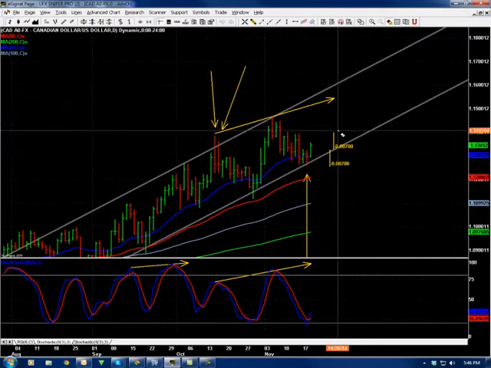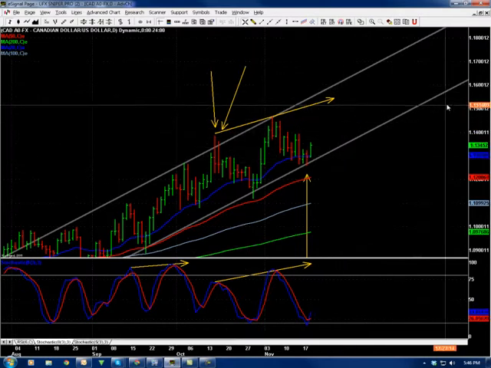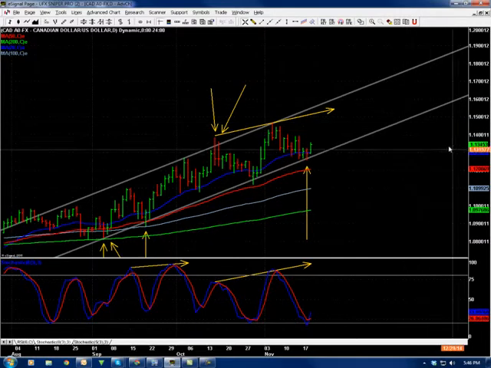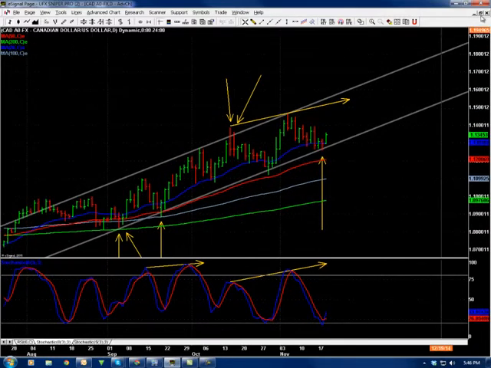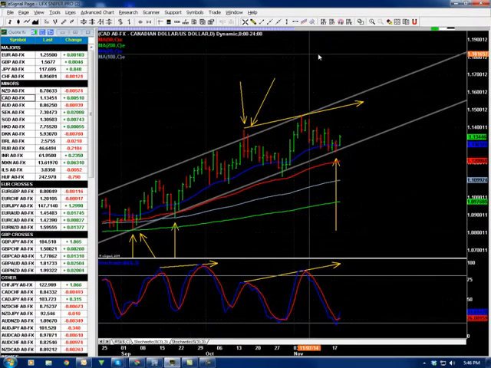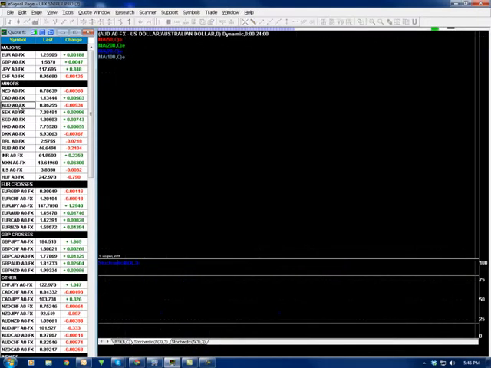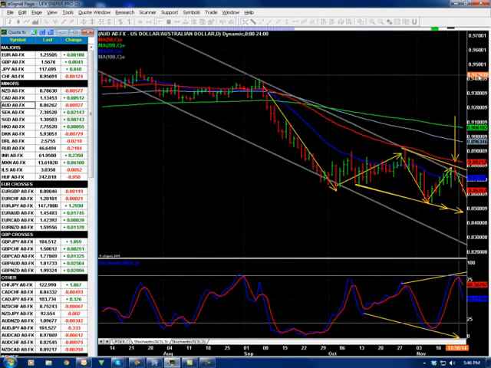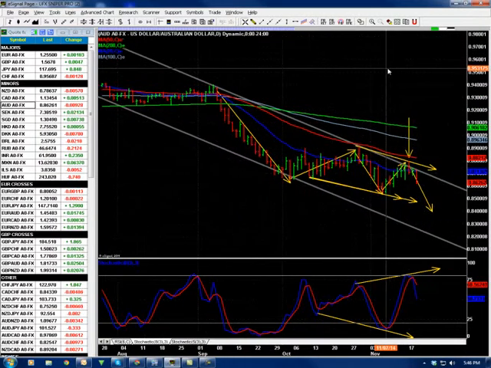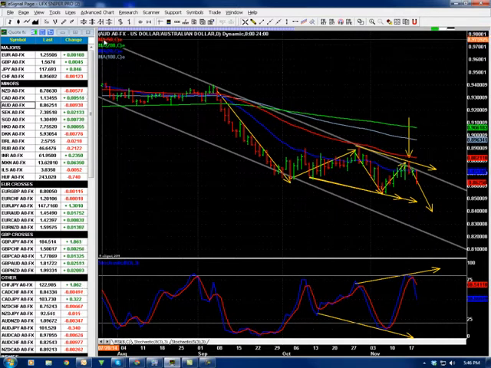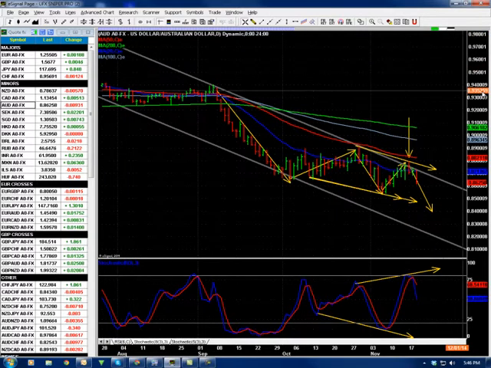So yeah, 3-to-1 is not a bad trade. If you keep on taking them, long term you make money. Okay, so that's the USD Canadian dollar. Next one is the Aussie, so Australian dollar versus US dollar.